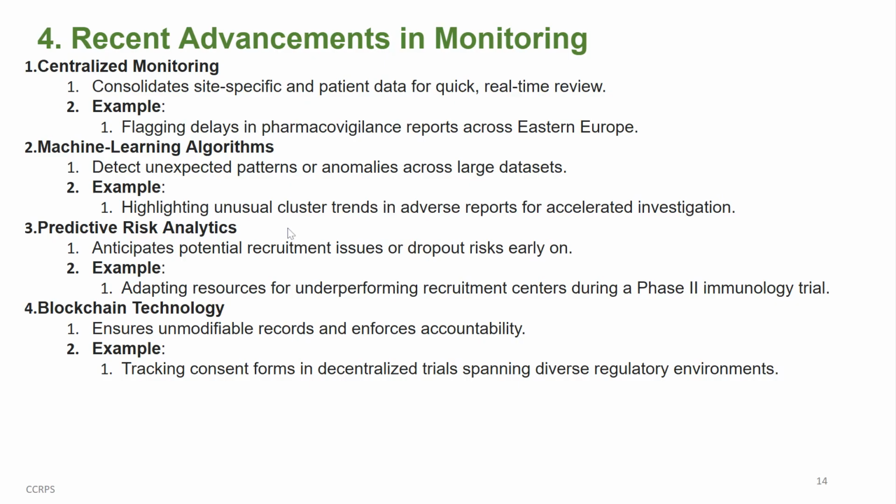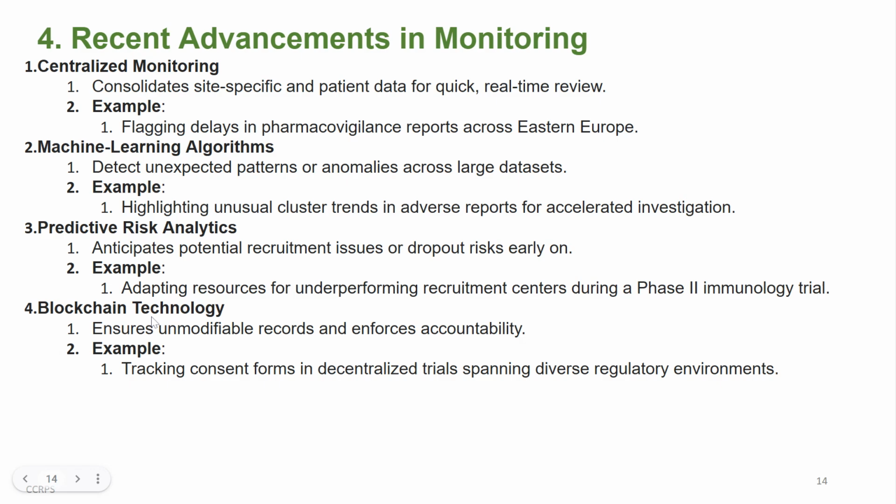Machine learning algorithms detect unexpected patterns or anomalies across large datasets. Example, highlighting unusual cluster trends in adverse reports for accelerated investigation. Predictive risk analytics anticipates potential recruitment issues or dropout risks early on. Example, adapting resources for underperforming recruitment centers during a phase 2 immunology trial.